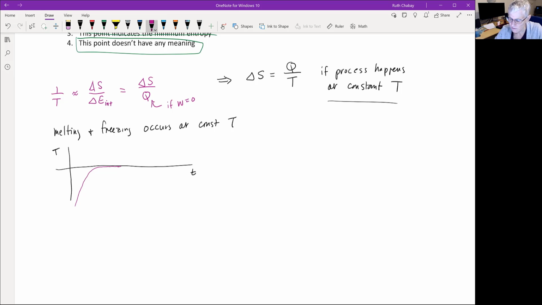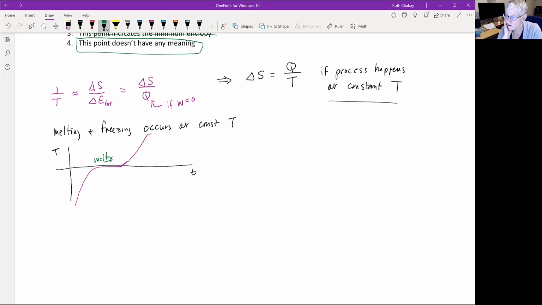And then the temperature is constant as the thing melts, and then it starts to go up again once it's a liquid. So here it's melting, or freezing if you're going the other way.